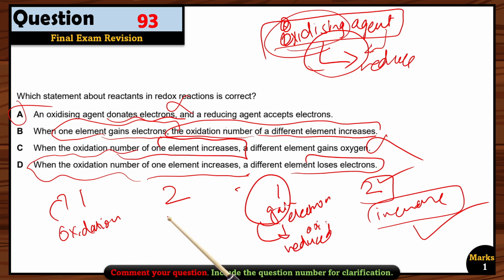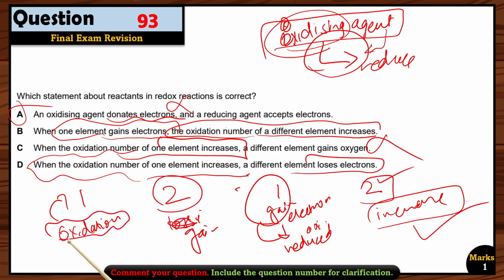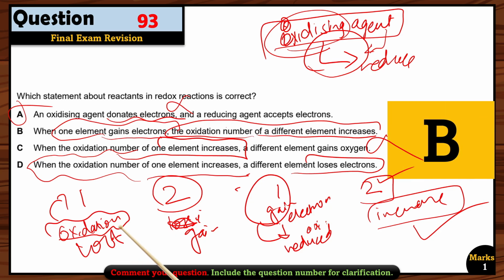So what will happen? This different element is losing electrons? No, it is gaining electrons because this one's oxidation number has increased. So what does oxidation number increase mean? It means the loss of electrons. So the same element is actually losing the electrons. So that's why option B is the right option.